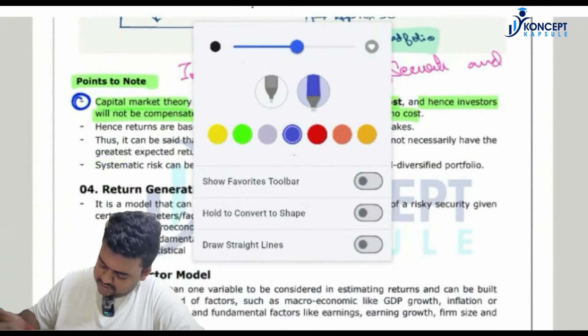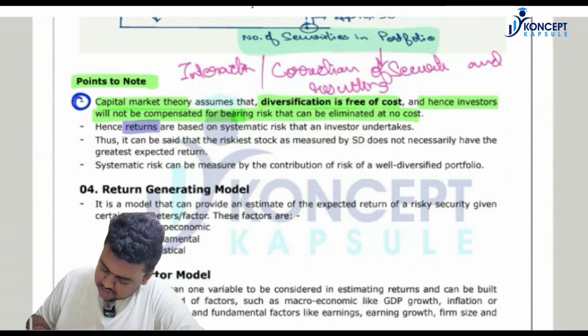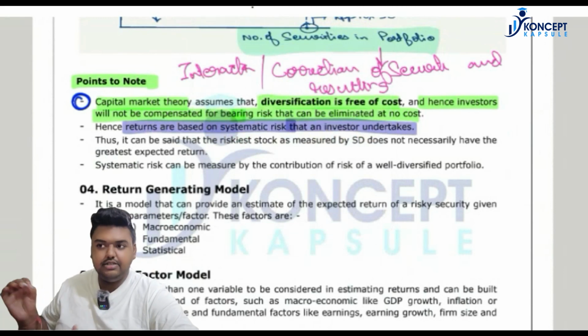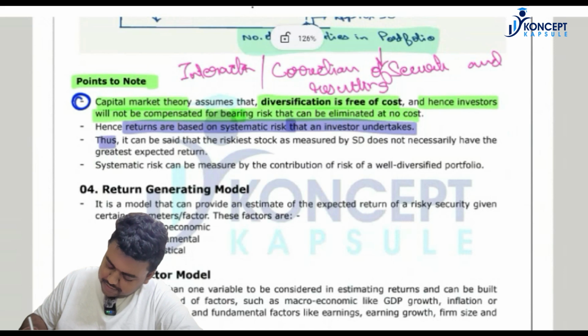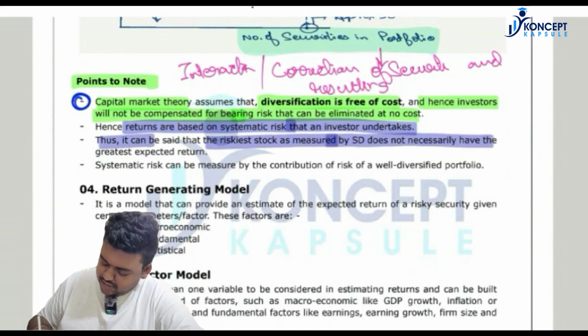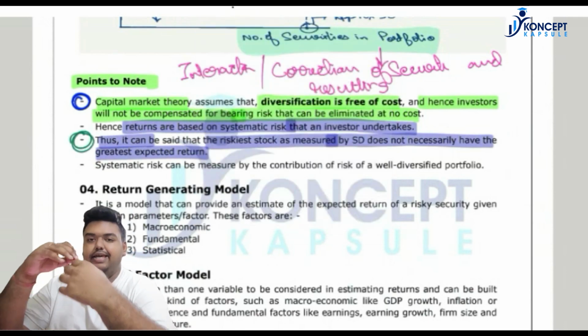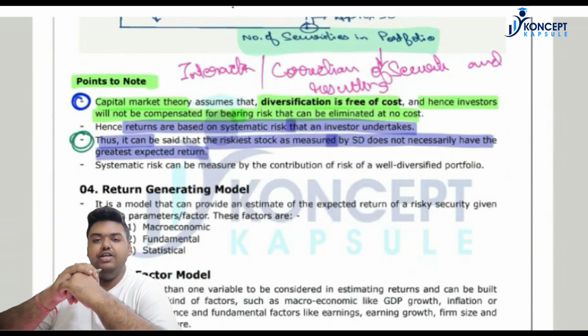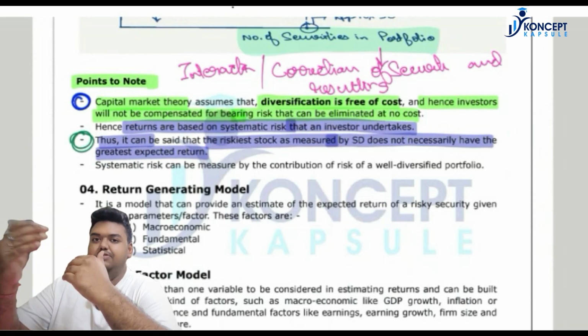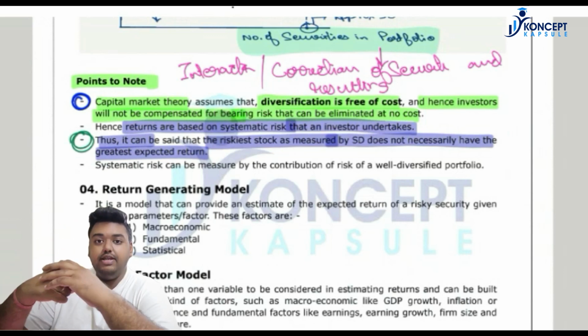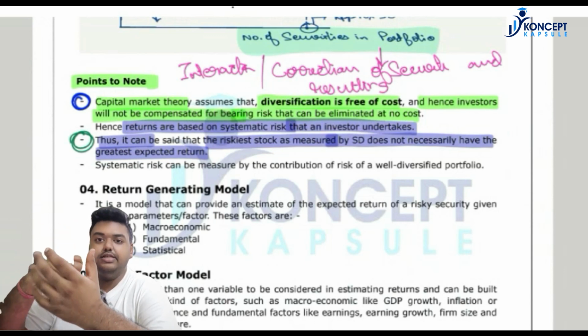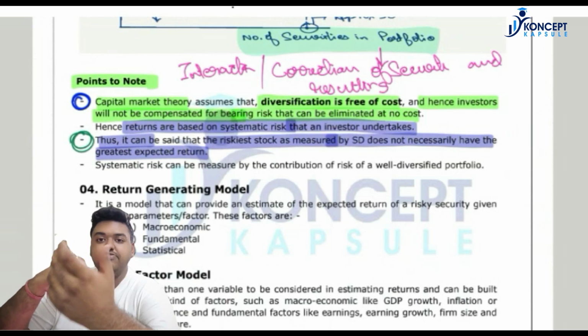Now, let us see. Returns are based on systematic risk that an investor undertakes. We have already seen. Thus, it can be said that the riskiest stock as measured by SD does not necessarily have the greatest expected return. Correct. What is it saying? If you calculate the standard deviation of a stock and it is very high, you will classify it to be very risky. Since it is very risky, you will assume it should give high return.